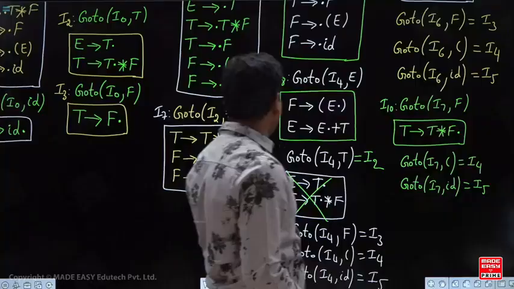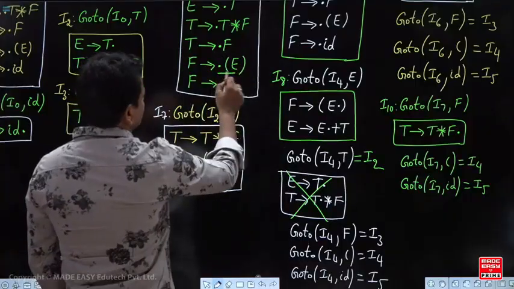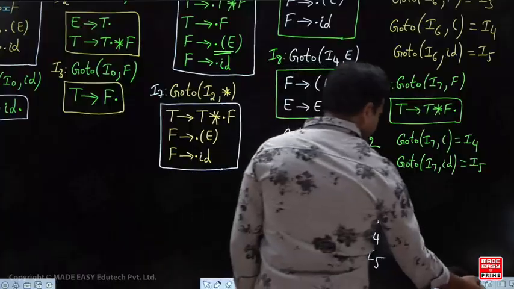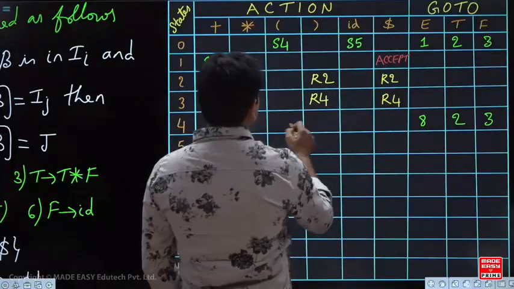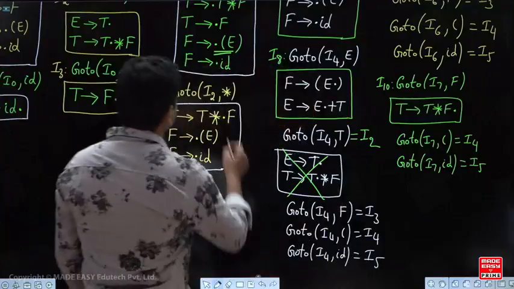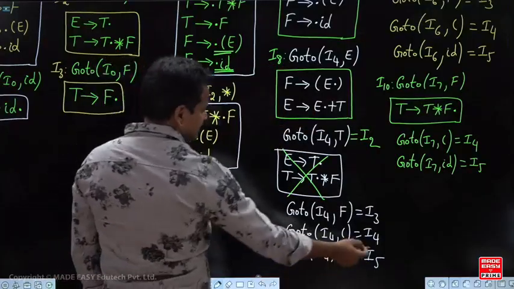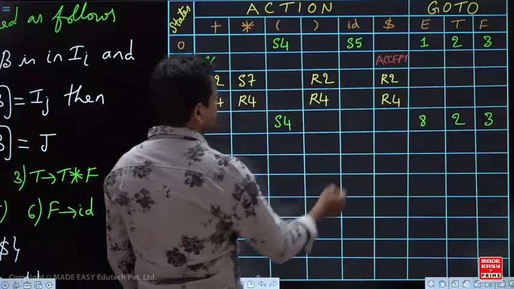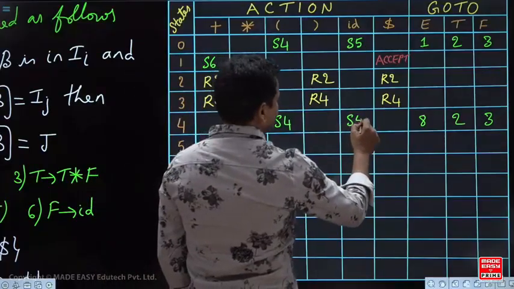Next, I4 comma open is I4, so 4 comma open is S4. Next, I4 comma ID is I5, so 4 comma ID is S5.